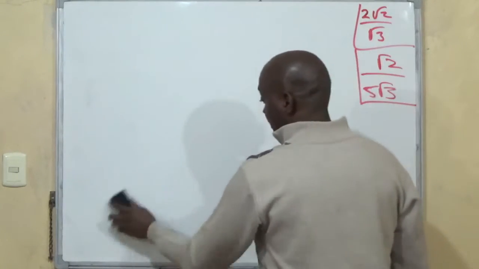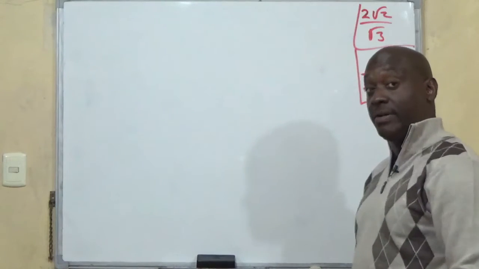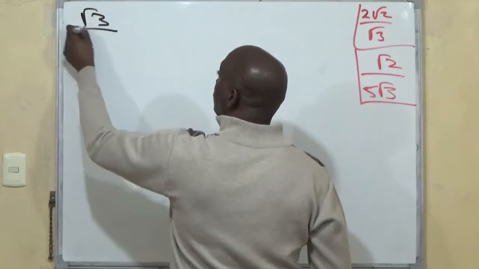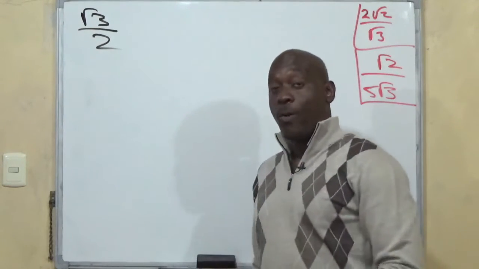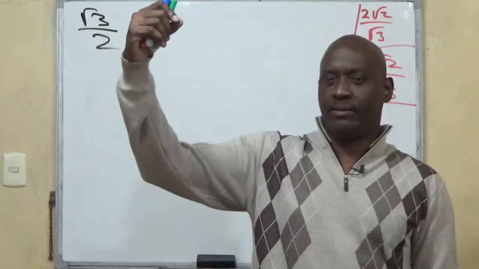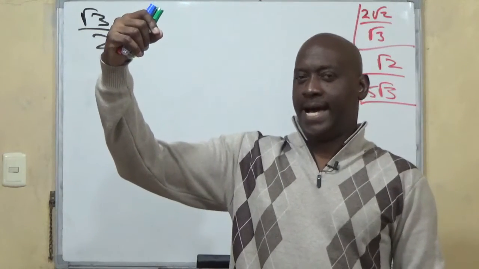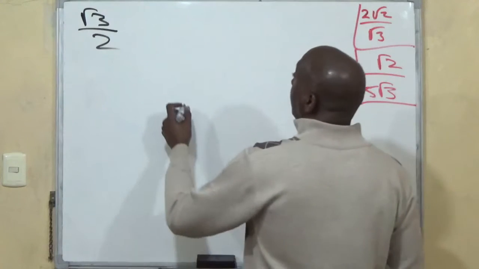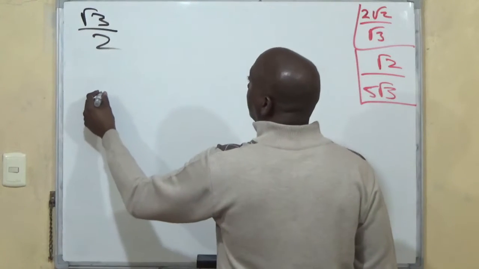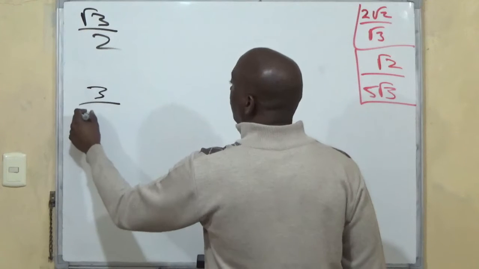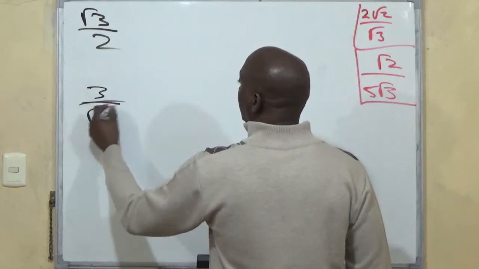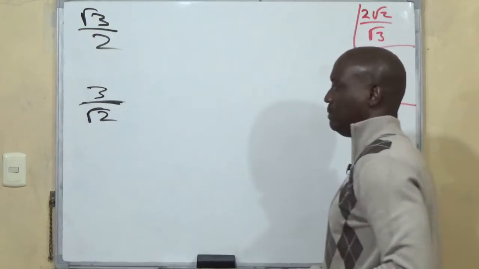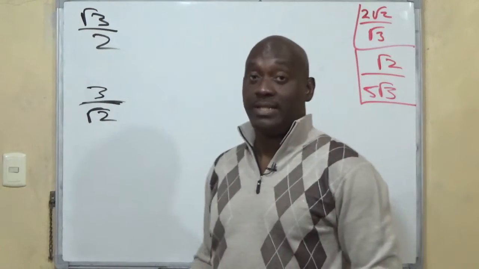So you could have root 3 over 2, where you have the simple surd in the numerator and the integer in the denominator, or you could have 3 over root 2, where you have the integer in the numerator and the simple surd in the denominator.